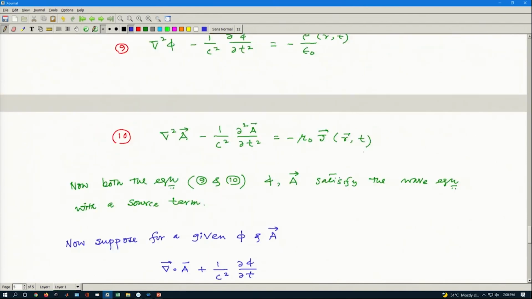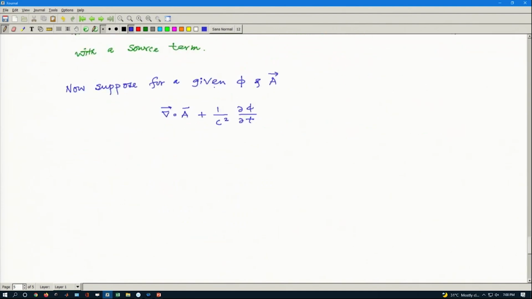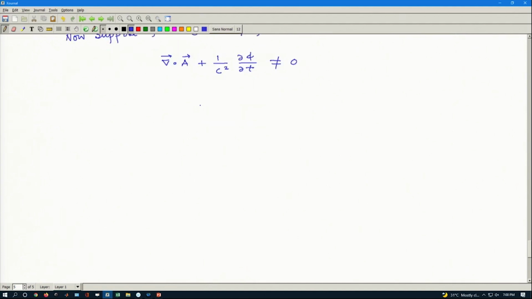Okay, maybe I am making a mistake here. Yeah, no, it's okay, fine, there is a negative sign. So, this quantity may not be equal to 0, right. That means the given phi and A do not satisfy the Lorentz gauge, but we can make them satisfy it with a proper choice of A and phi, that is the liberty that we have. So that we are going to exploit.